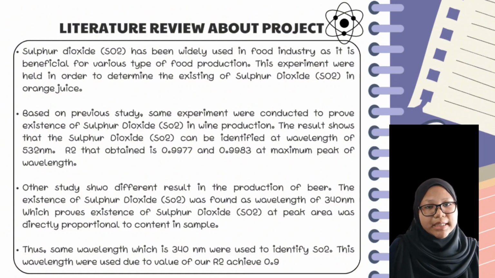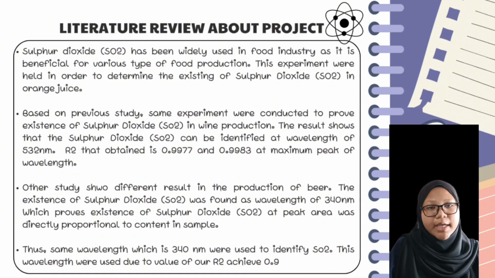Based on a previous study, some experiments were conducted to determine the existence of sulfur dioxide, SO2, in the production of wine. The result shows that sulfur dioxide can be detected at a wavelength of 532 nm, with R-square values of 0.997 and 0.9983.